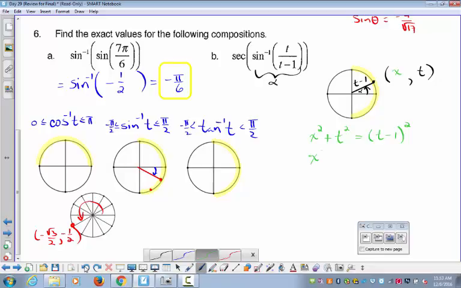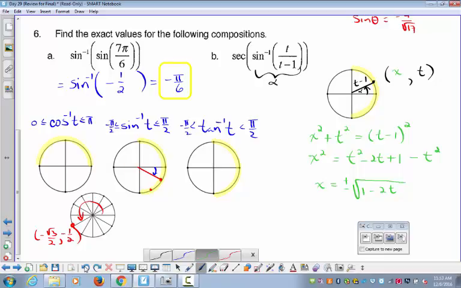So that tells us that x squared is equal to, let's FOIL this out, t squared minus 2t plus 1. Subtract t squared from the left side. So we get x is equal to positive or negative square root of 1 minus 2t. Or negative 2t plus 1. Either way.